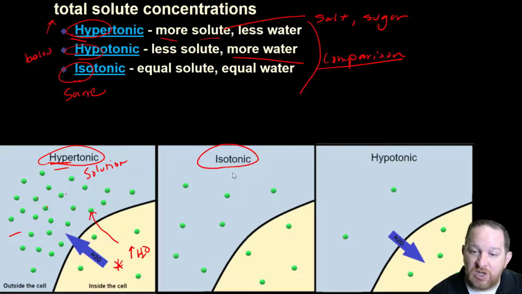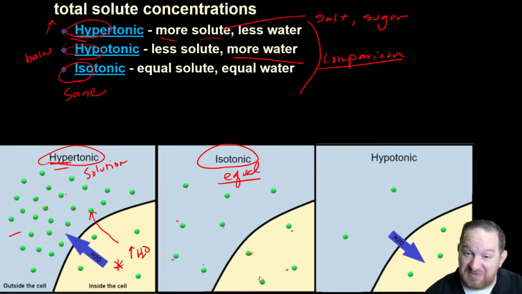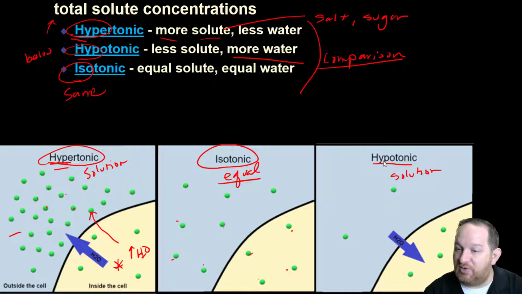Look at isotonic, this solution. You can kind of see, oh, they're about equal. Okay? So there's equal amounts of solute or concentrations of solute on the outside as there is on the inside. Isotonic. All right, well, look at this. In this last example, the solution outside, notice where the label is, we're outside here, is hypertonic.